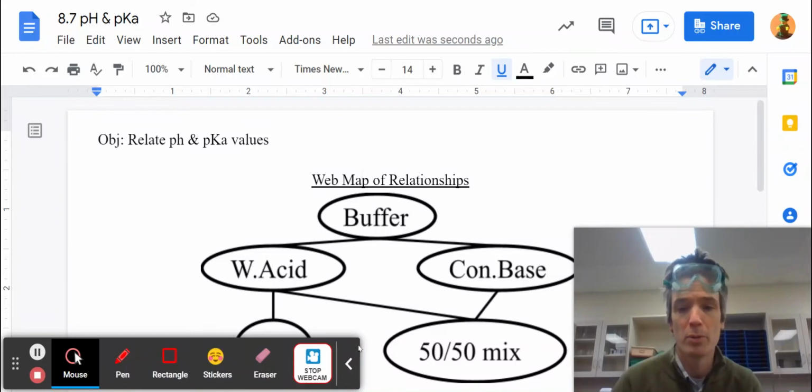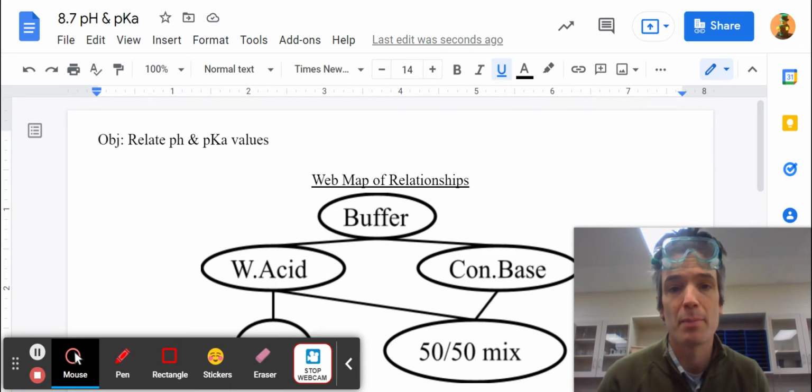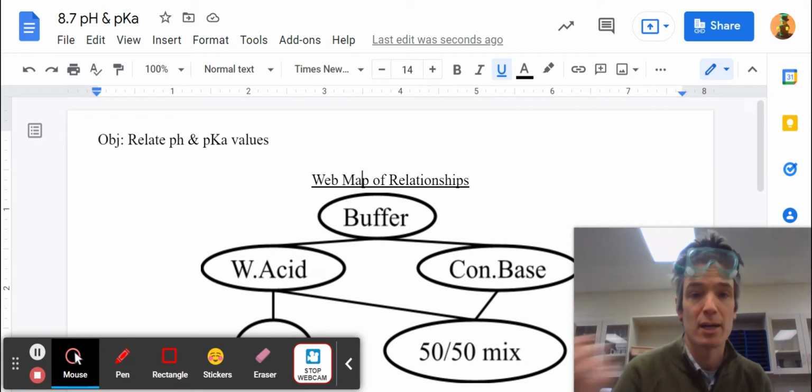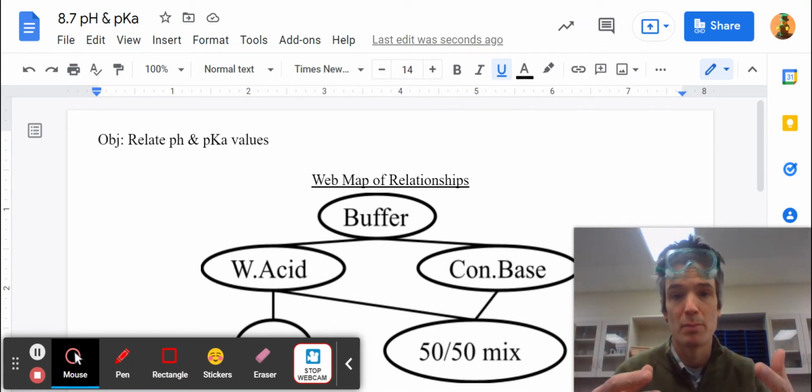All right, so we're going to understand what the pKa means about a buffer. And remember, a buffer is a weak acid and its conjugate base, or a weak base and its conjugate acid, in a mixture in a beaker.